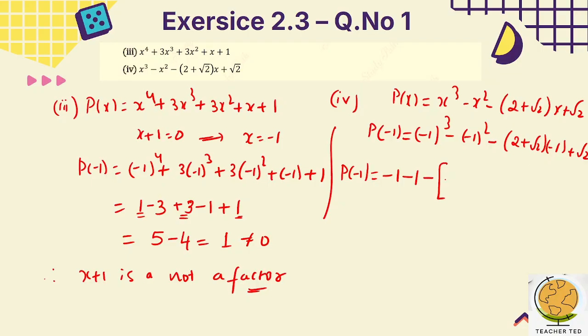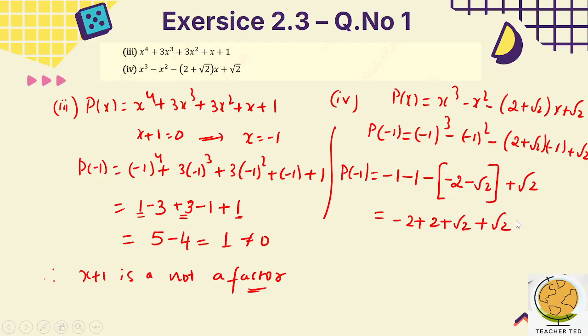Minus 1 into 2 is minus 2. Minus 1 into root 2 is minus root 2 plus root 2. So minus 1 is minus 2. Again minus into minus is plus 2. Minus into minus is plus root 2 plus root 2.